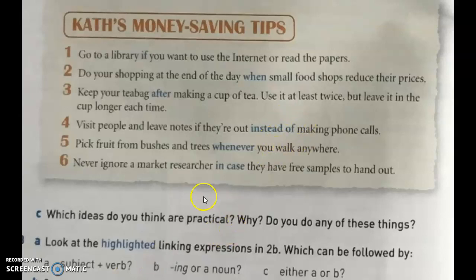So I might drill leave notes instead of making phone calls, because that makes it more manageable for the students to repeat. Instead of making phone calls, leave notes instead of making phone calls. What happens to the of? Get them to tell you, and it actually becomes weak, doesn't it? Instead of making. Pick fruit whenever you walk anywhere.